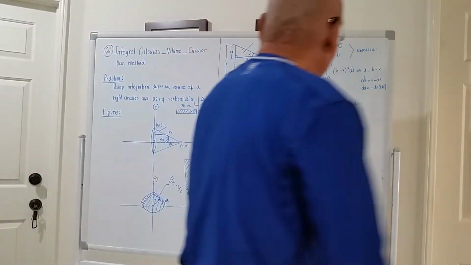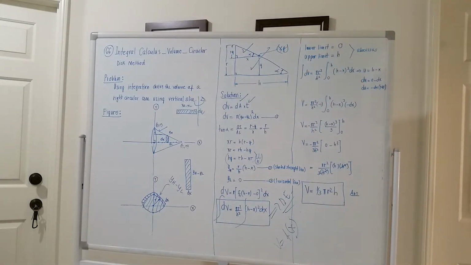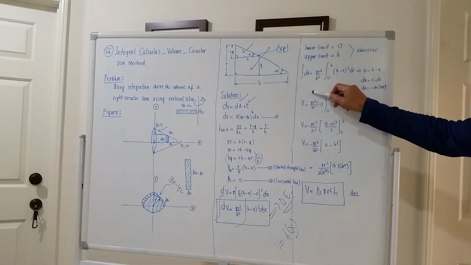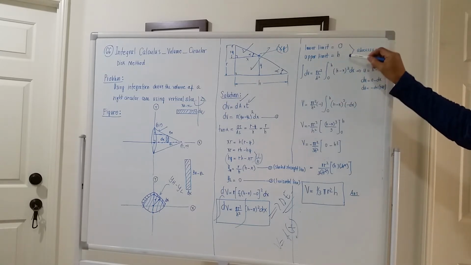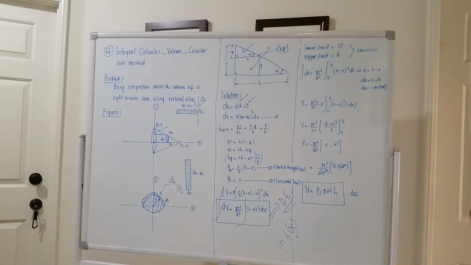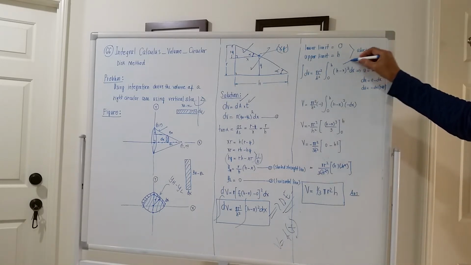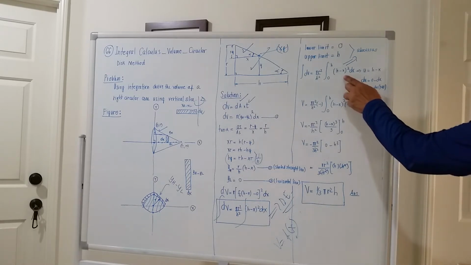Then we rotate it one complete revolution. The integral of differential volume equals pi r squared over h squared, the integral from 0 to h of h minus x quantity squared times dx. This now falls under the power formula, where the value of u is the term inside.